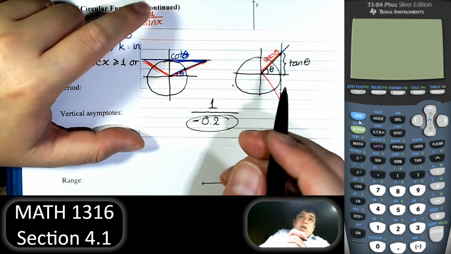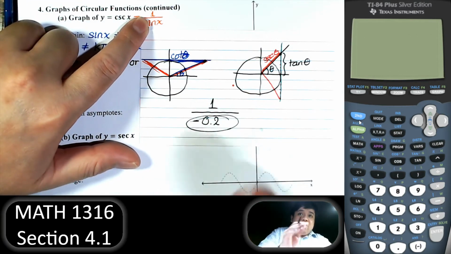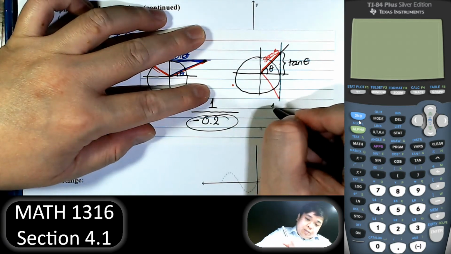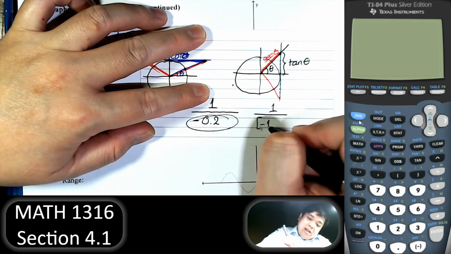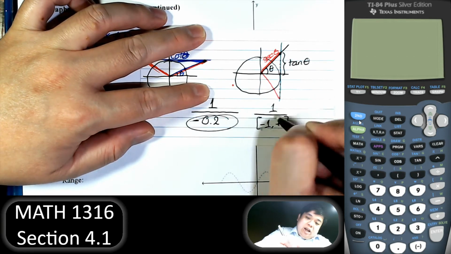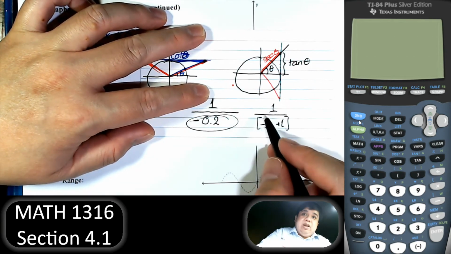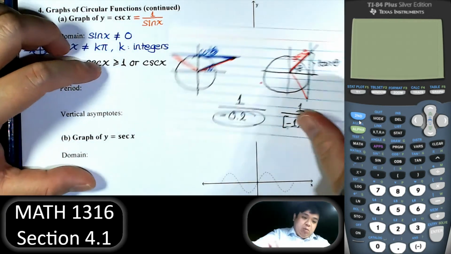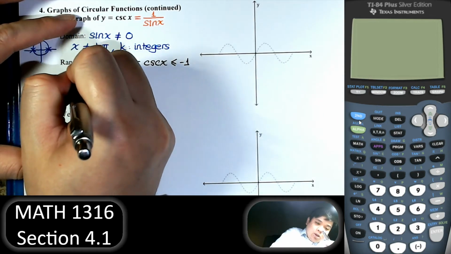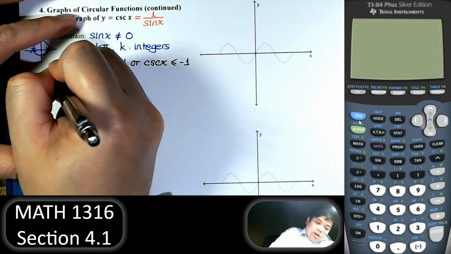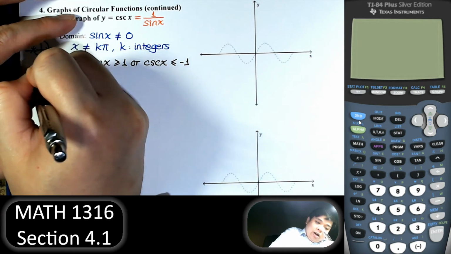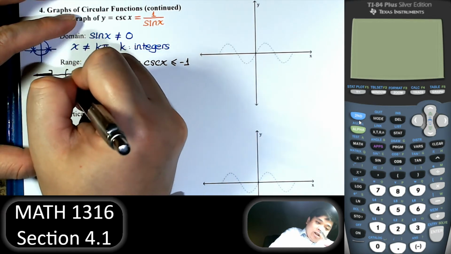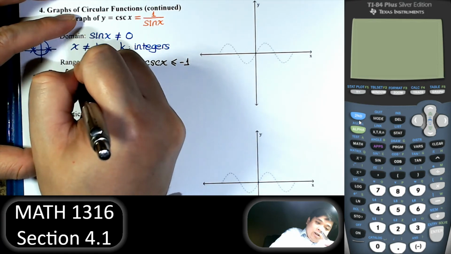Because we put sine at the denominator, and sine is between -1 and 1, if we divide 1 by a number only between -1 and 1, the result has to be outside of -1 and 1. So the range will be on the left of -1 and on the right side of 1. So that is the range.